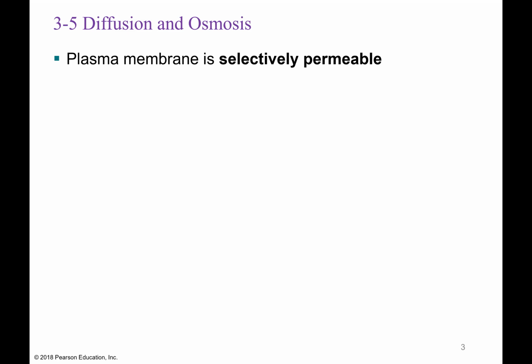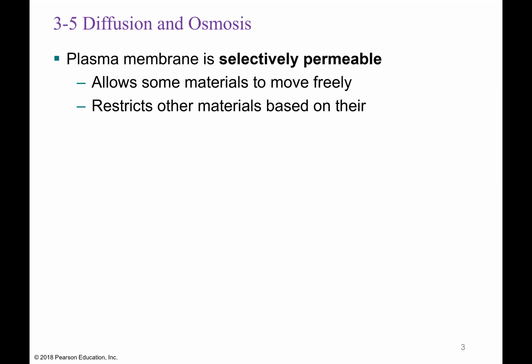Okay, the plasma membrane is selectively permeable, and this allows some materials to move freely across the membrane while restricting other materials, and it restricts them based on their size. So if a substance is too large, it's not going to be able to freely pass through the membrane. The smaller a substance or solute is, the easier it's able to pass through a membrane. And then electrical charge.